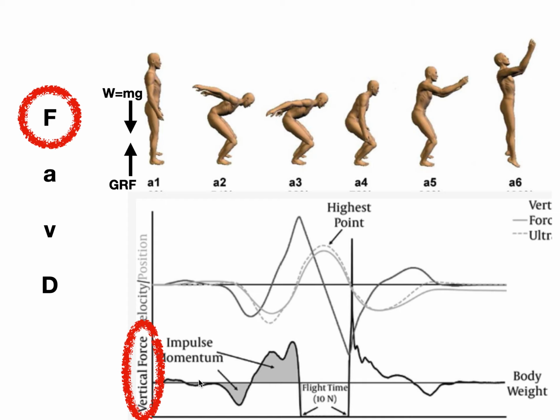Because there is no movement at the center of mass. And then at the descending phase, the force is negative because the center of mass is going down. And then at this point, the force comes back to 0, which means the ground reaction force is the same as the subject's body mass.